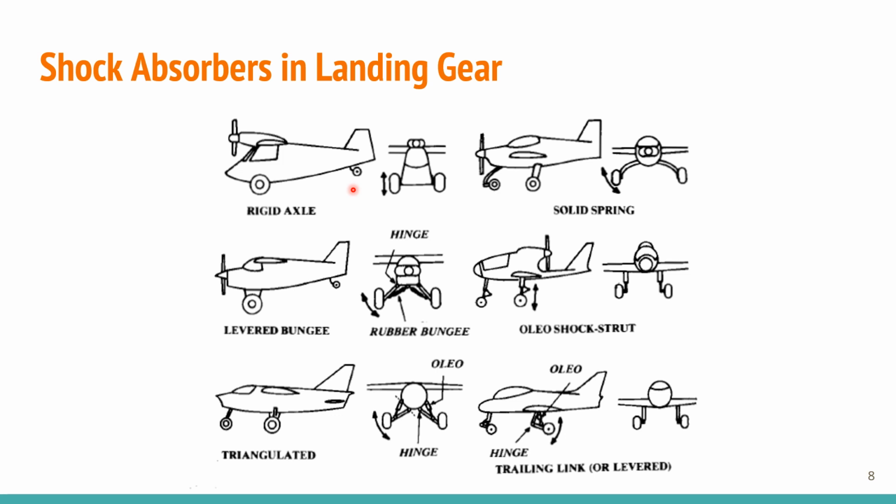Then we'll see about the shock absorbers in the landing gear. In order to absorb the shock when landing, we need to support the aircraft fuselage by providing shock absorbers.